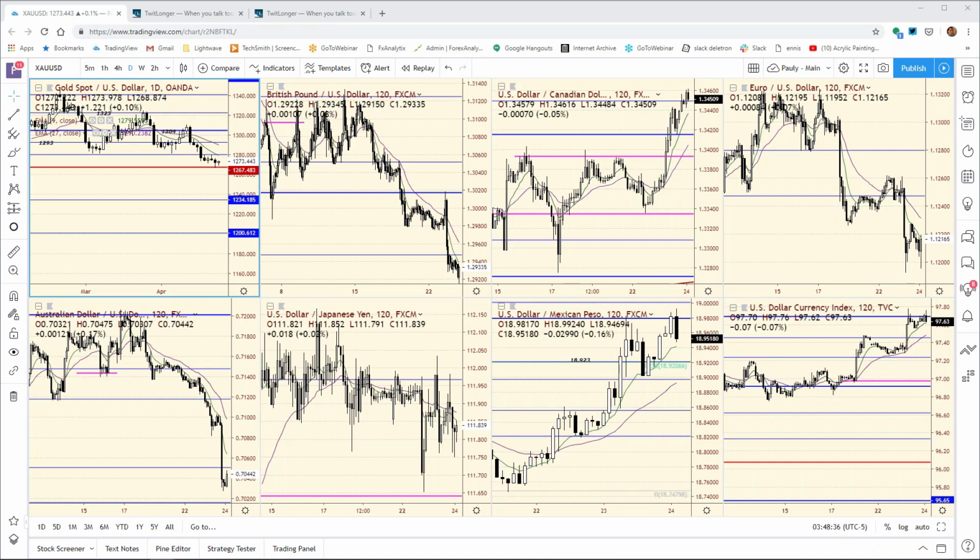So we'll use that for support, for our bias chart support. Resistance is going to be right there, 79.35.